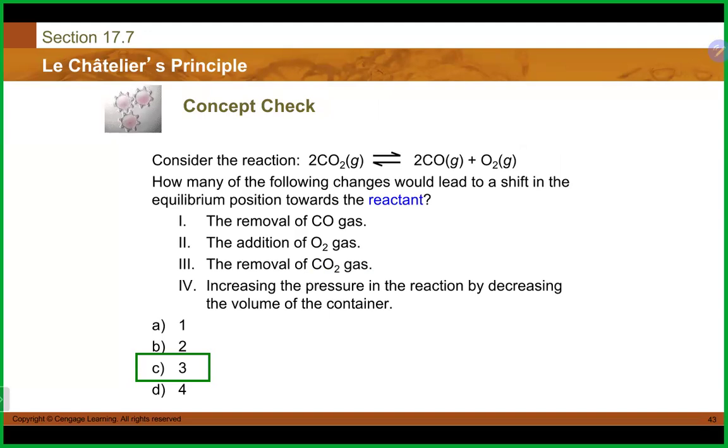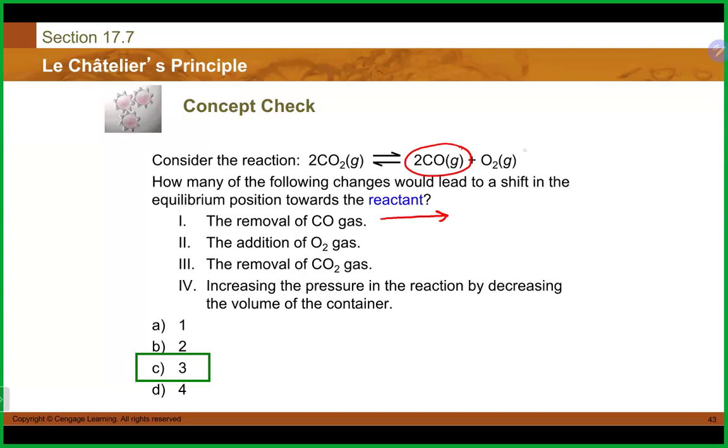All right, so how many of the following changes would lead to a shift in equilibrium towards the reactant? So let's run through these and see what's going to happen in this case. If we remove CO, that's a product, we would expect the equilibrium to shift to the right, which means it's not going to go to the reactant side.